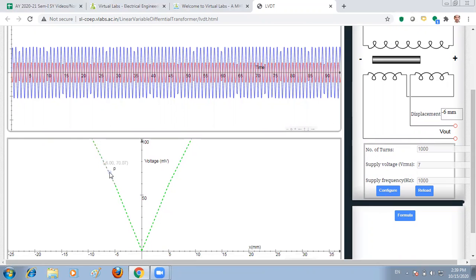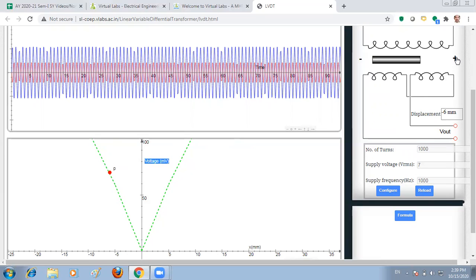For this position, when I select that dot, it shows minus 6, which is the movement of the armature, and after the comma the value is given, that is 70.07. That is the voltage in millivolts. This is the output voltage.